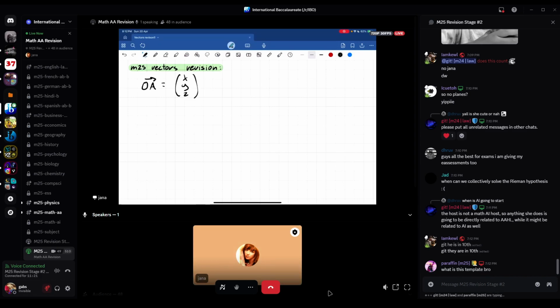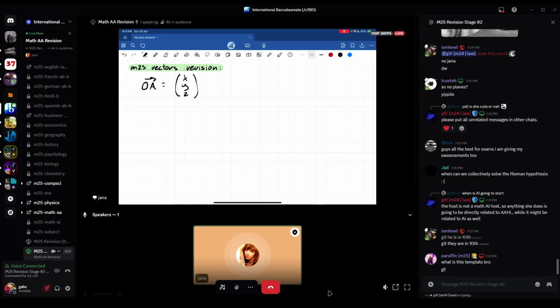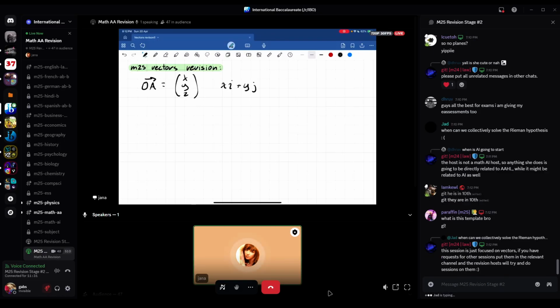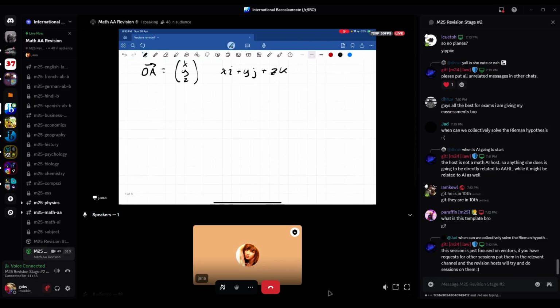Or you can express it as xi plus yj plus zk. And i is a unit vector that goes in the positive x direction, j is a unit vector that goes in y, and k is z, but you can express it either way, okay?